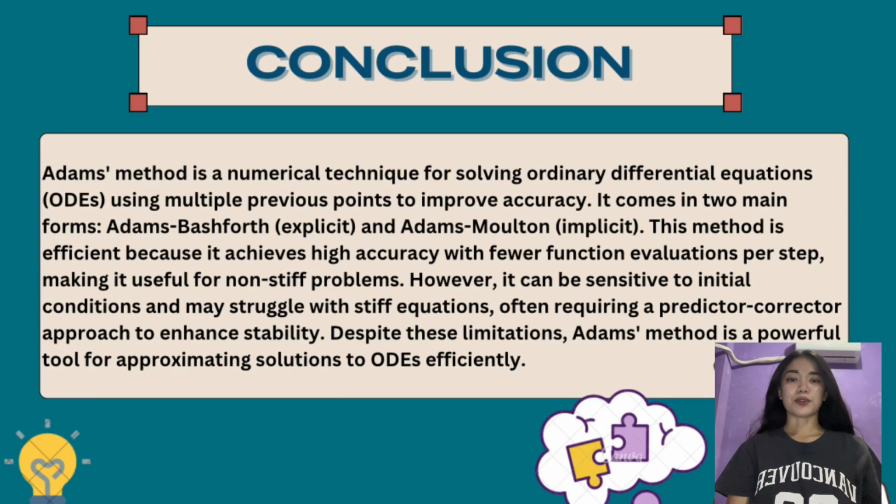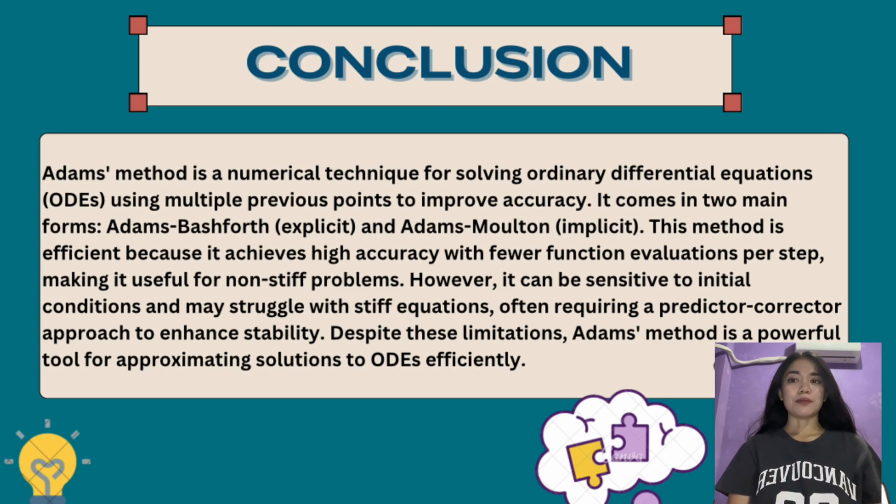Adams' method is a numerical technique for solving ordinary differential equations, using multiple previous points to improve accuracy. It comes in 2 main forms, the Adams-Bashforth and the Adams-Moulton. This method is efficient because it achieves high accuracy with fewer function evaluations per step, making it useful for non-stiff problems.